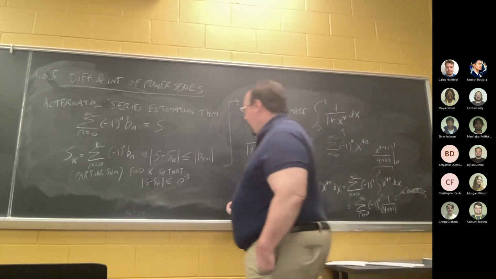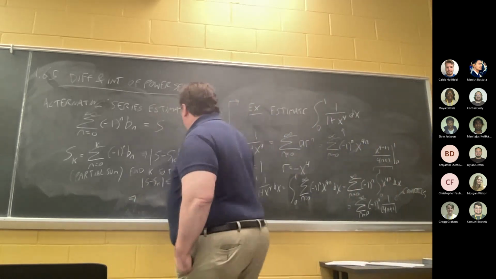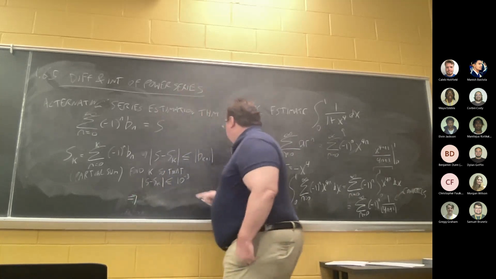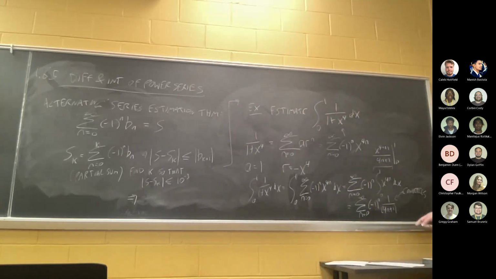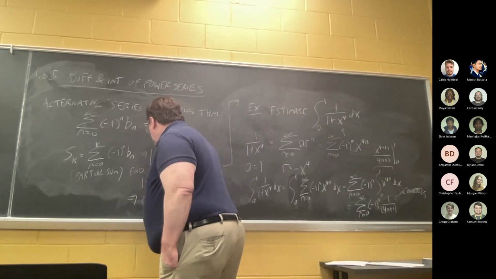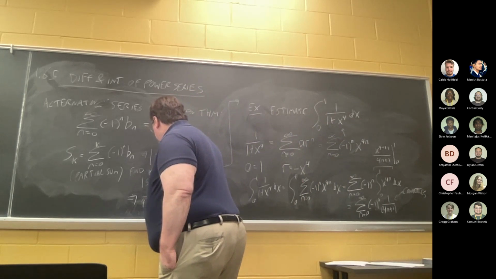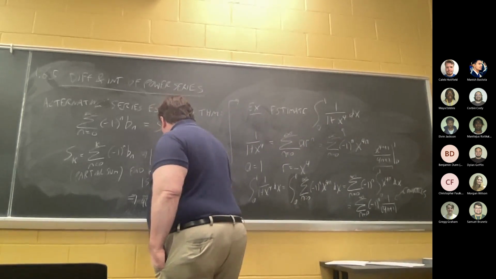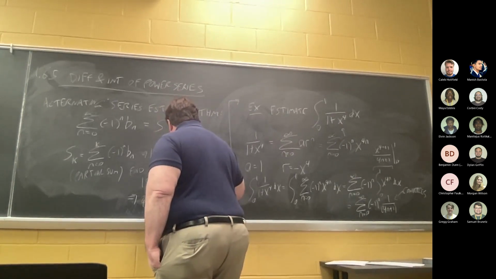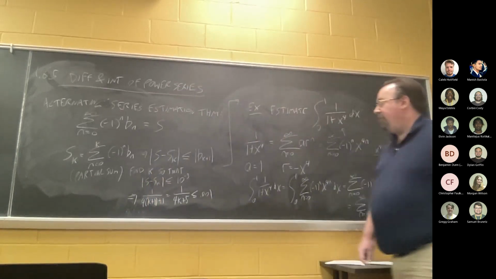Okay, so based on this, I want the next term in the series. So I'd be taking this fraction here and replacing n with k+1. So I'd have 1 over 4(k+1)+1, which is the same as 1 over 4k+5, is less than 0.001.